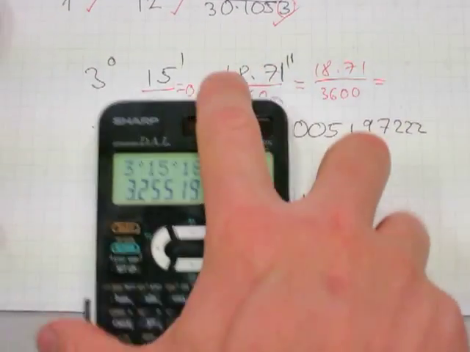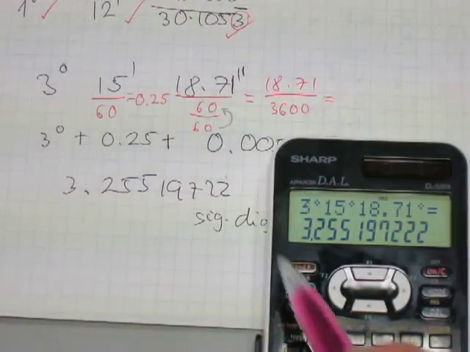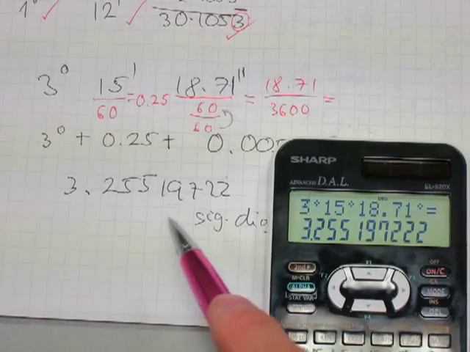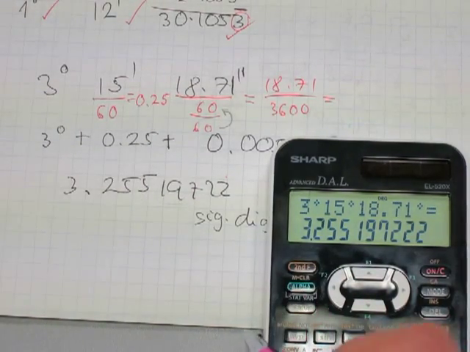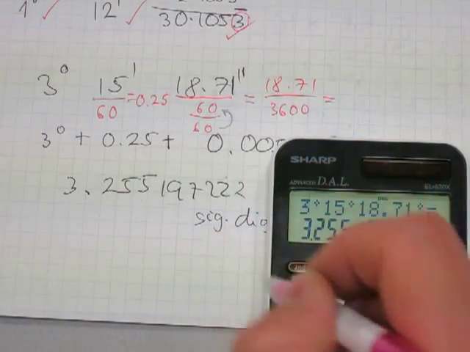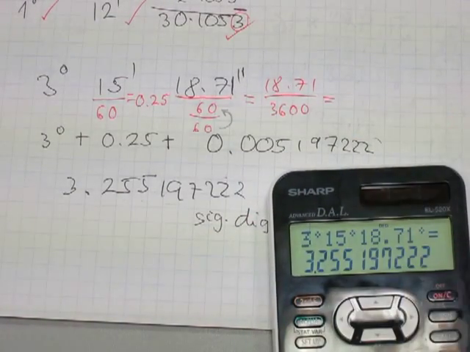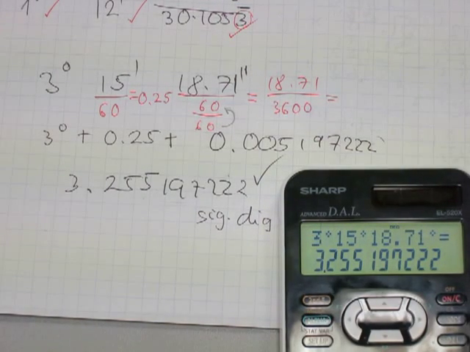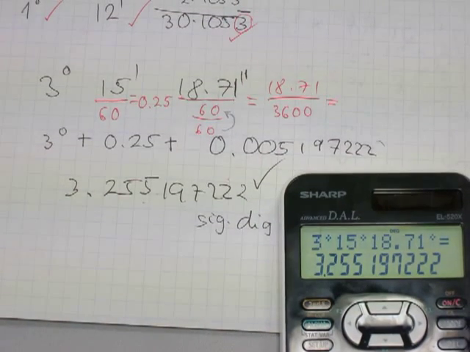We have 3.255197222. Yeah, we have one more 2 there that I forgot to copy. So all of the digits are there. My conversion works. All I can say is keep practicing until you are proficient with it.